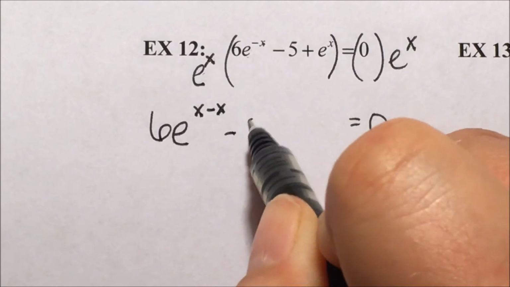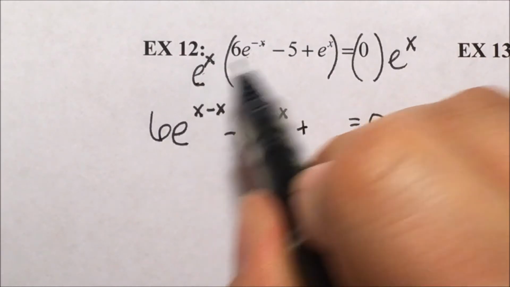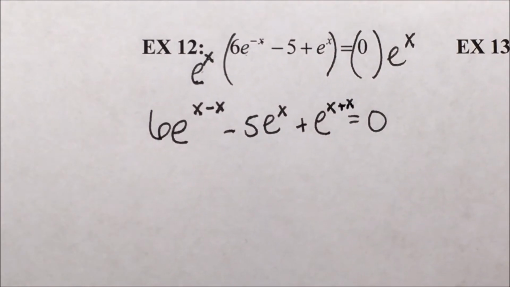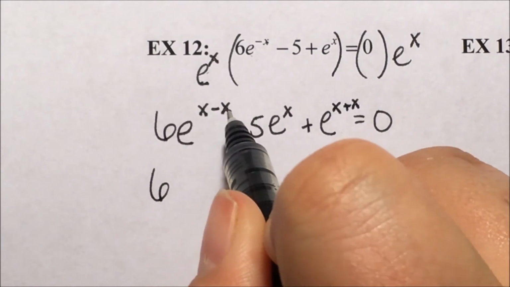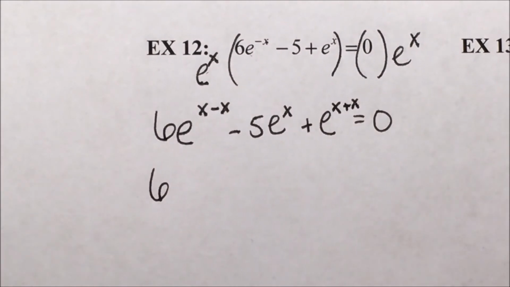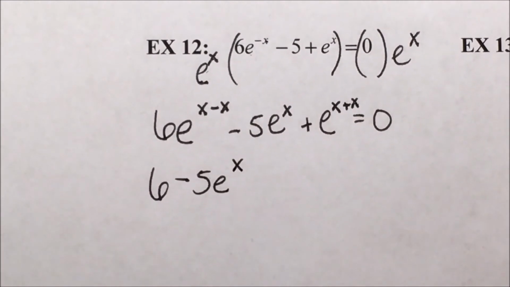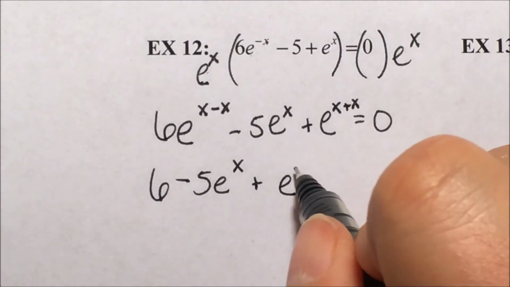And then the 5 didn't have an e to the x before, but now it does. And then this is e to the x plus x, since you add their powers when you multiply like bases. So now I've got 6e to the 0, which is just 1, so that's a 6. 6 times 1, minus 5e to the x, plus e to the 2x, which is the same as e to the x squared.